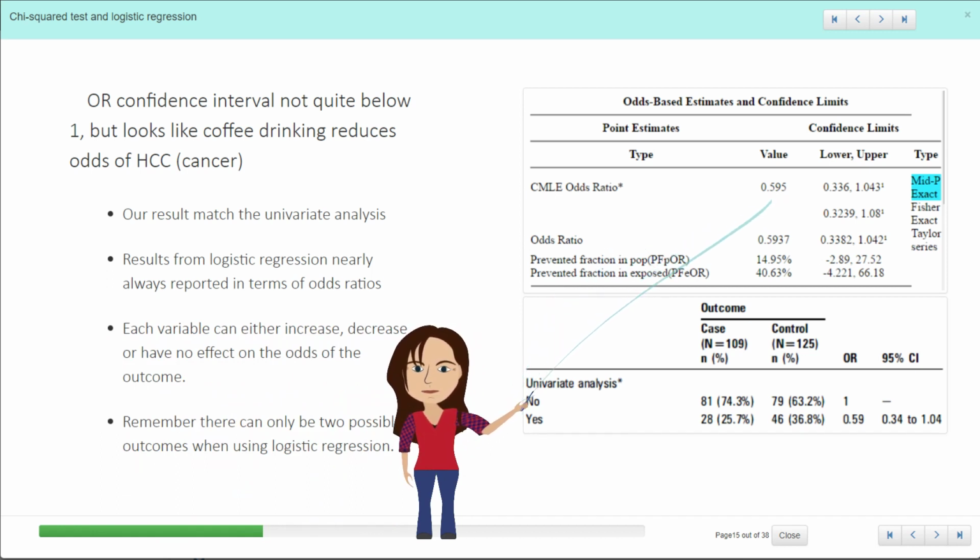So that's up here, and this is what you would get if you did the test by hand, this value here, and then this is an adjustment made. And you can see that that's pretty much the same as what they reported in the paper, and then we have our confidence interval. And you'll notice that the confidence interval just covers 1 because it's not quite significant.